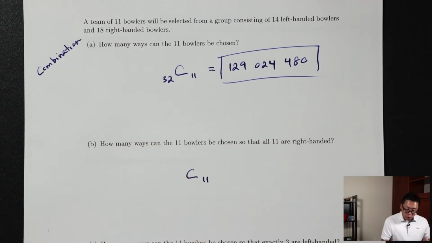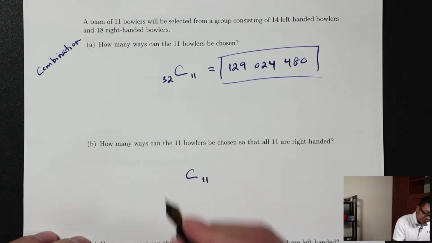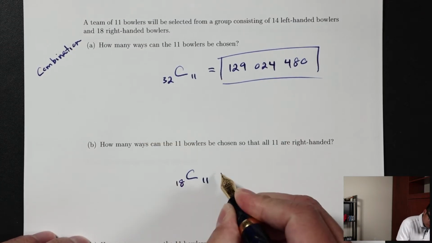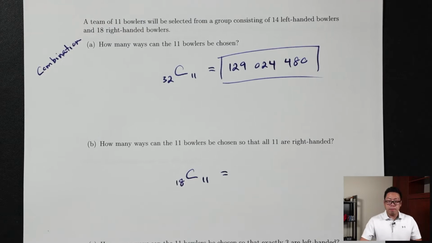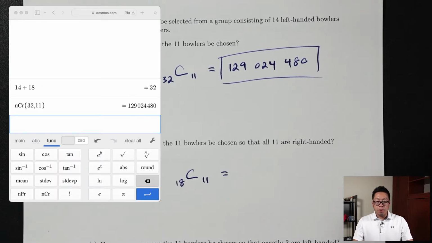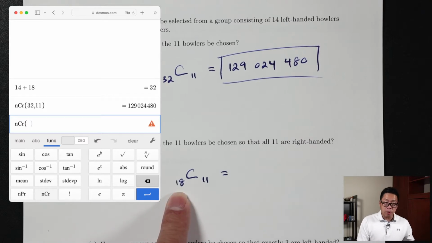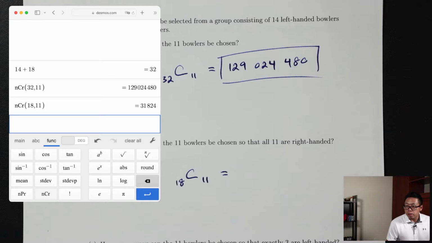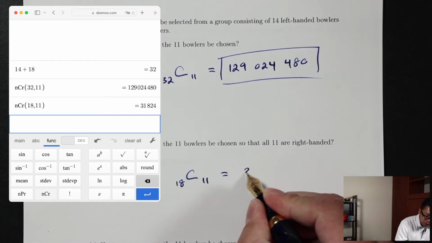Okay, so if I want all right-handed bowlers, I'll just choose my 11 from the group of 18. Okay, 18 choose 11. On my calculator, NCR again, 18 comma 11. 31,824.